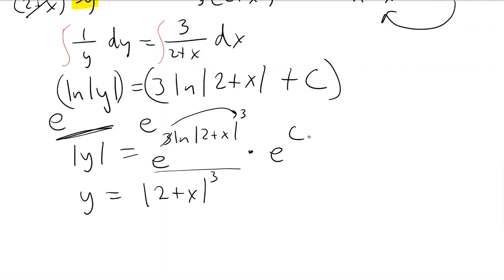And then technically over here, e is just a number. So e to the power of c is just a different unknown number. So we're going to just change this guy to be, say, c. And the thing about this guy is he could be positive or negative.